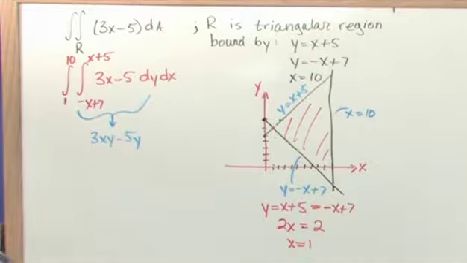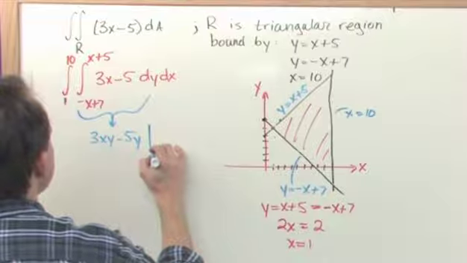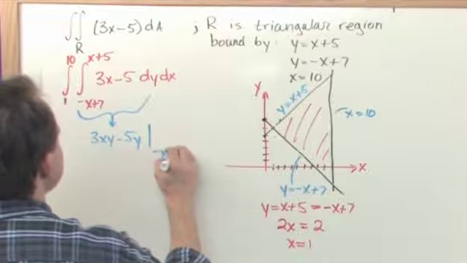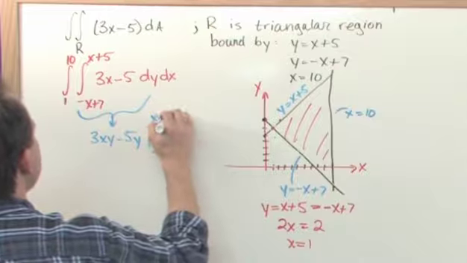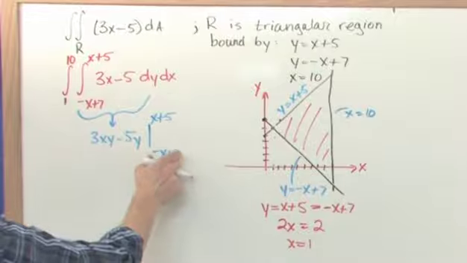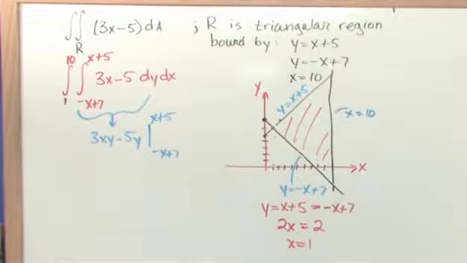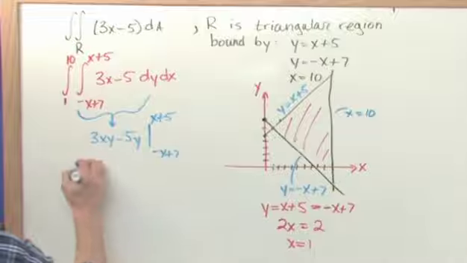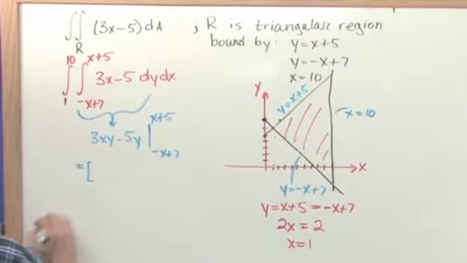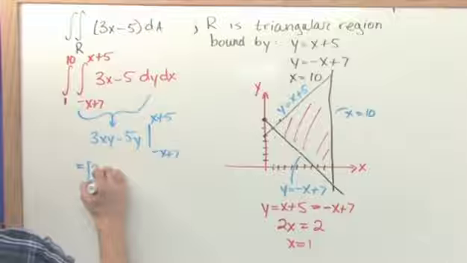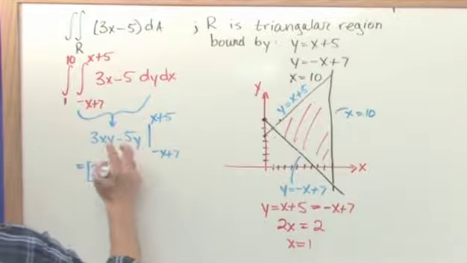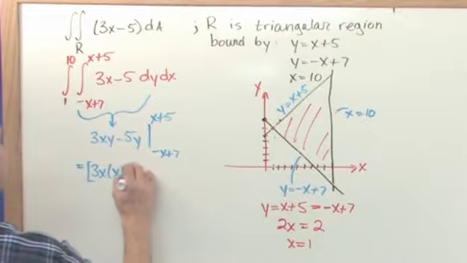Okay, you're going to evaluate this from negative x plus 7 up to x plus 5. And we're plugging this into the values of y because we integrated only along y. So this is going to equal 3x, and plugging into y, I'm going to have x plus 5.